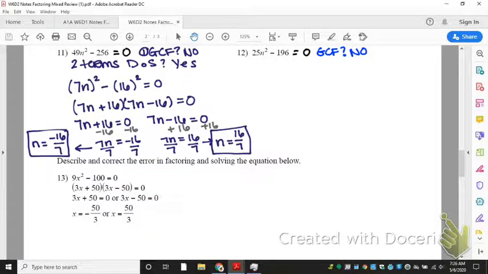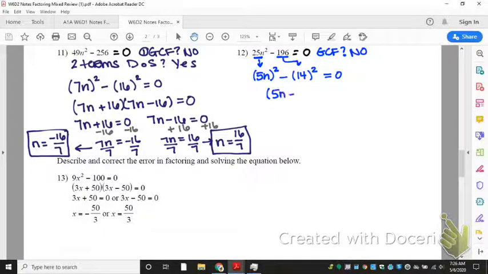So then we need to look and see, is this a difference of squares? And it is. 25n squared is going to be 5n squared, 5n multiplied by itself. And then 196 is actually 14 squared. Okay. So now we have our format for our difference of squares factorization.